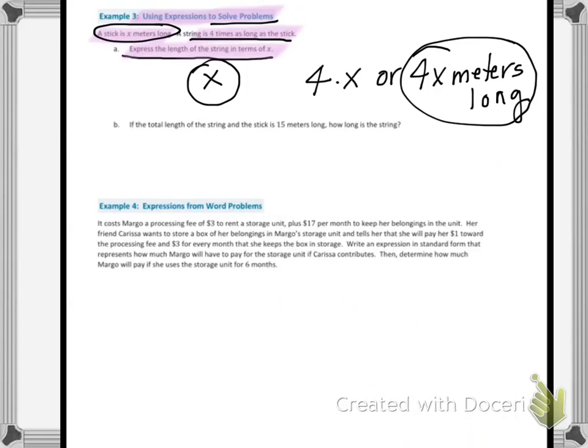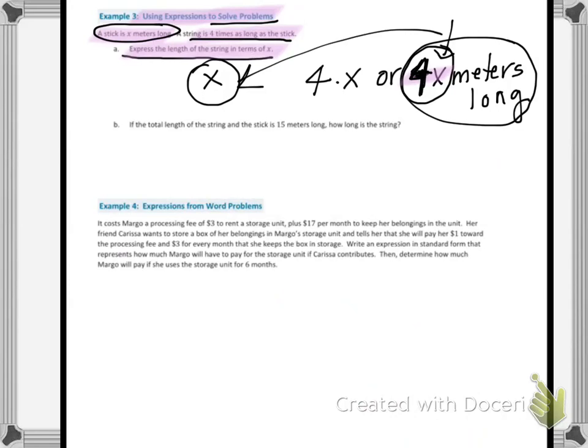The length of the string in meters is 4x because it is 4 times as long. The x is just a variable. It doesn't stand for times. It's a variable because it relates to the length of the stick. But the 4 is the multiplier because the string is 4 times the length of the stick.